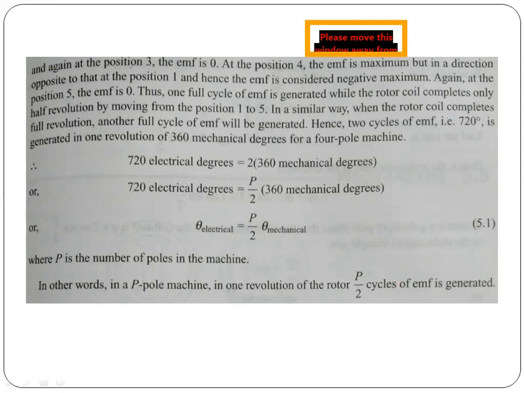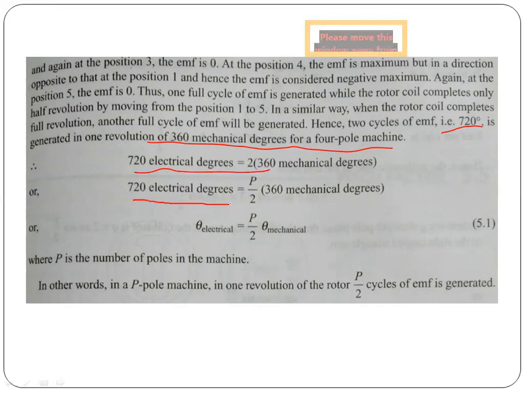Hence, two cycles of EMF, that is 720 electrical degrees, are generated in one revolution of 360 mechanical degrees for a 4-pole machine. 720 electrical degrees equals P by 2 times 360 mechanical degrees. That means theta electrical equals P by 2 times theta mechanical, where P is the number of poles of the machine. In other words, in a P-pole machine, in one revolution of the rotor, P by 2 cycles of EMF are generated.